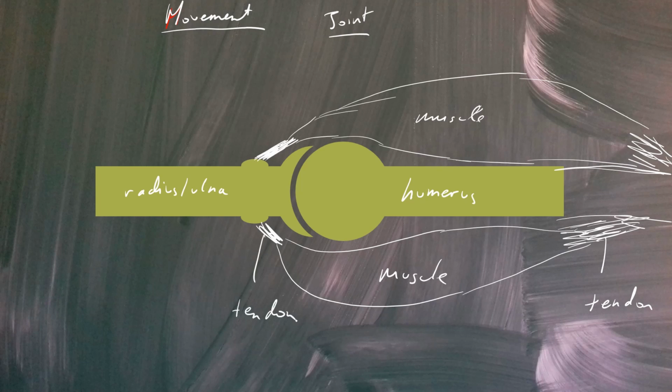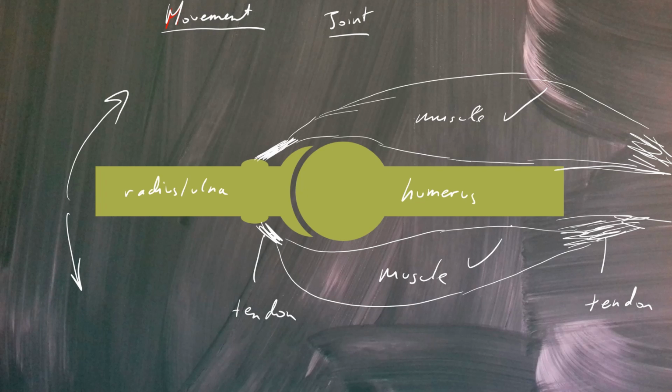The tendons are quite inflexible, they cannot contract. The idea of this diagram is that muscles can only pull, and therefore if you want to move the radius back and forth, if you would like to move it upwards, then this muscle here, the top one, has to contract. And if you want to move the bone downwards, then the bottom one has to contract.